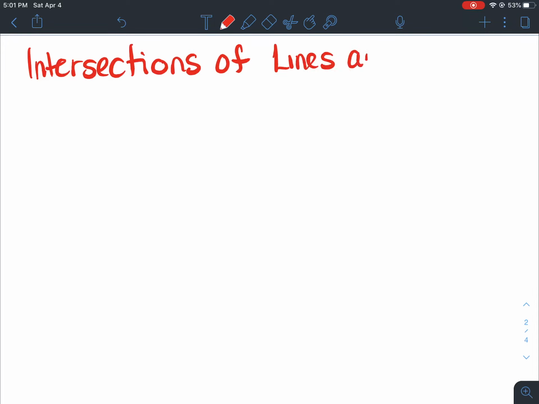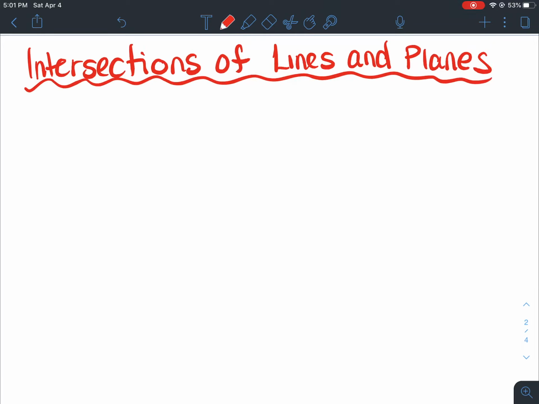Then we also talked about intersections of lines and planes. So we talked about how there's 3 cases. There's the intersection point where the line intersects the plane at a point, so you're looking for that point.